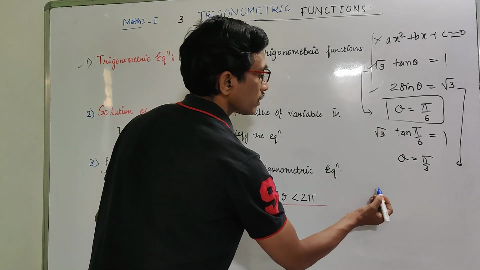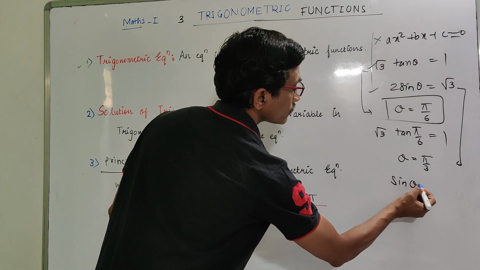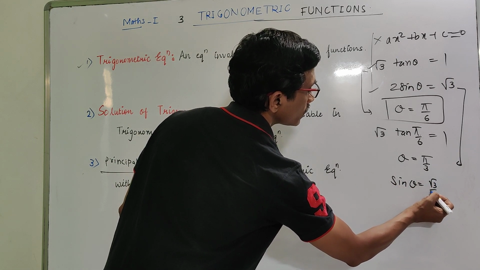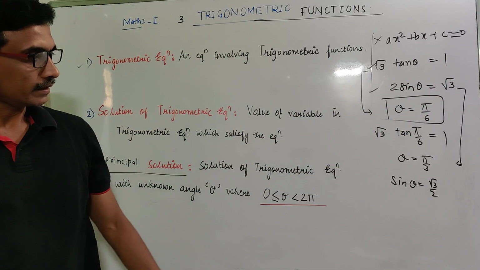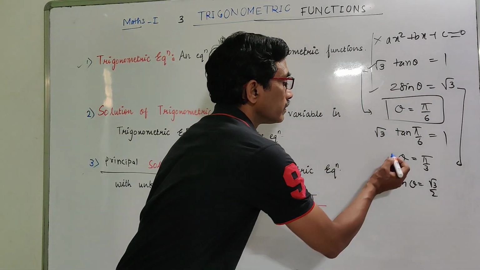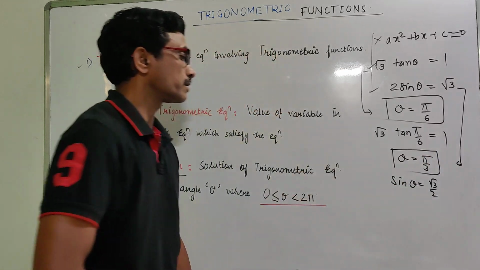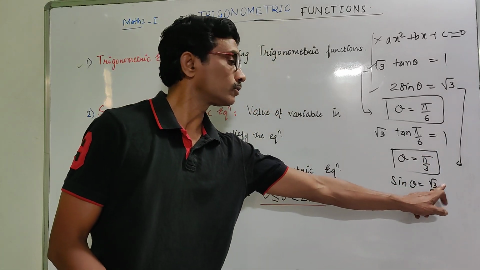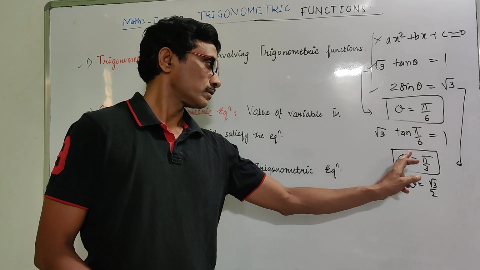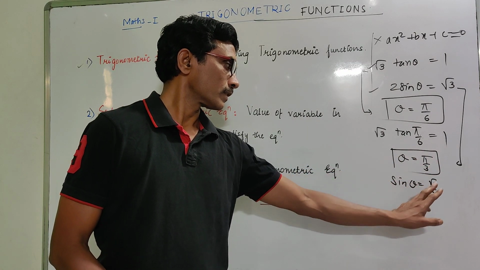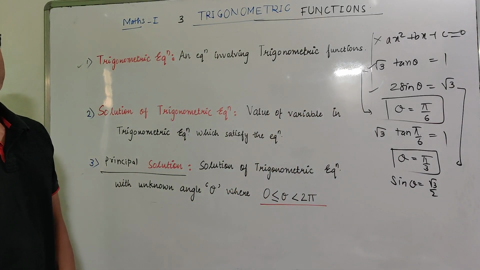The equation can be put in this form: sin theta is equal to root 3 by 2, taking this 2 in the denominator. And theta is equal to pi by 3, that means 60 degree. Sin of 60 degree is root 3 by 2, which satisfies the equation. Therefore, theta is equal to pi by 3 is a solution of this trigonometric equation.